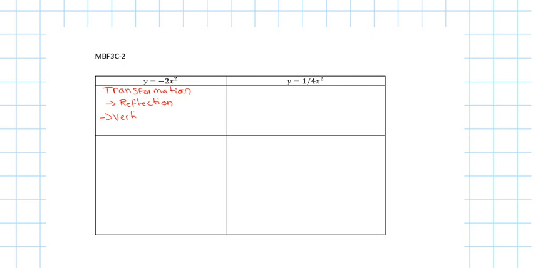Anyone doesn't understand why it's a vertical stretch? Do we understand why we call this a vertical stretch? Because this 2 is greater than 1. So vertical stretch, and then you can go beyond and say by a factor of 2.